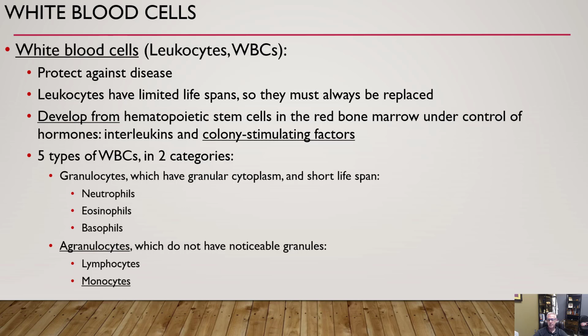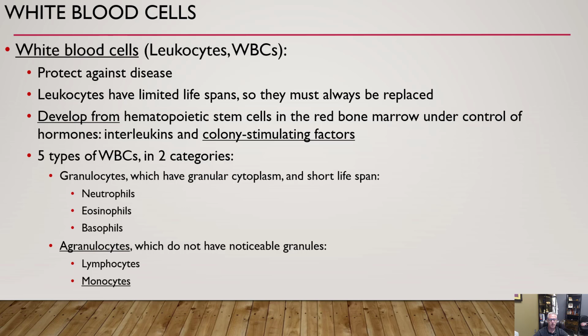All right, white blood cells. White blood cells are called leukocytes, and they protect us against diseases. They do have a limited lifespan, so they're going to be replaced, and they develop from the hematopoietic stem cells in the red bone marrow under control of these interleukins and colony stimulating factors.